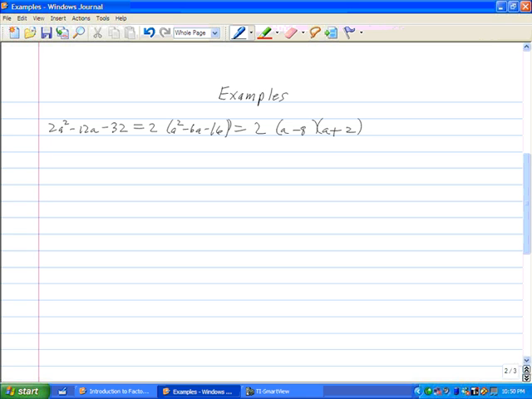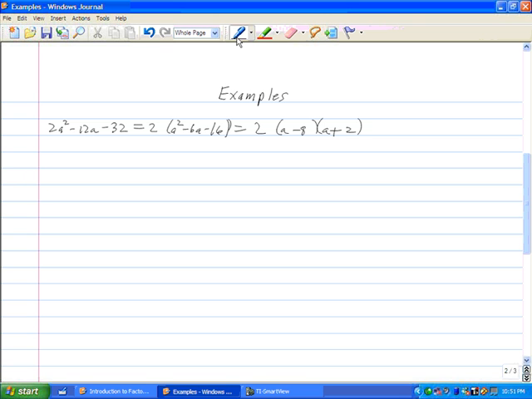Exchange plus minus for minus plus, and let's see what happens. A negative 8a along with a positive 2a, giving us a total of negative 6a. That's what we needed. So again, there's your correct factorization.